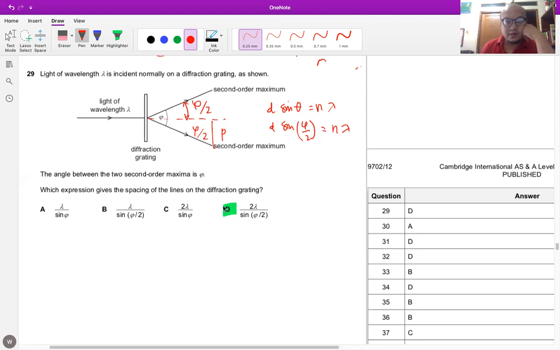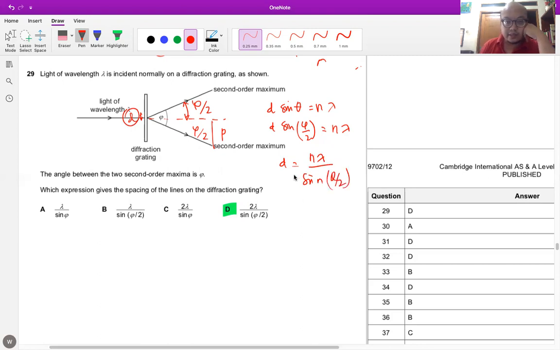So D means the spacing of lines. Oh, this is D in here. They're asking about D. So D equals n lambda divided by sine C divided by 2.